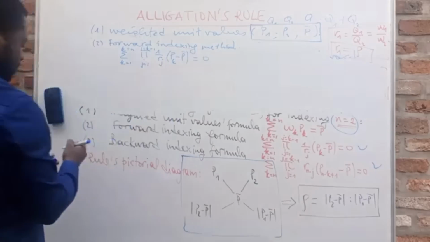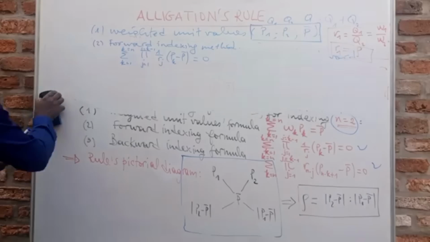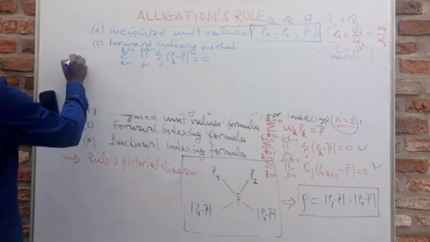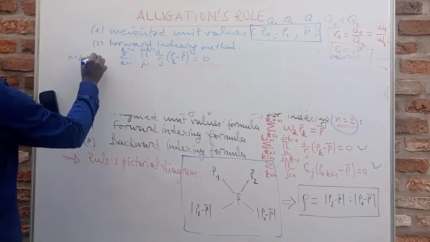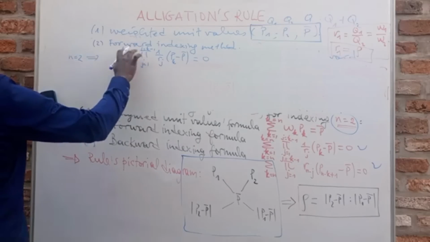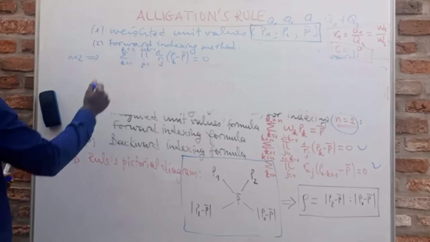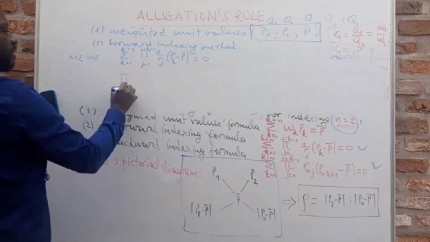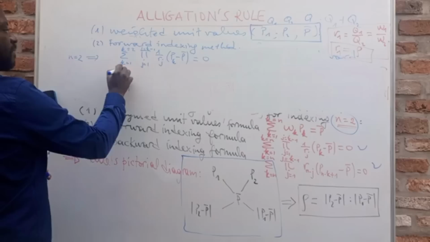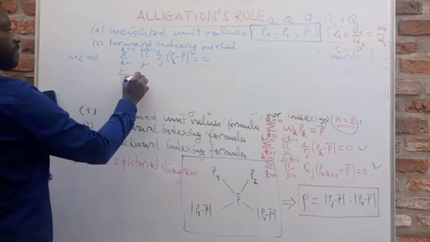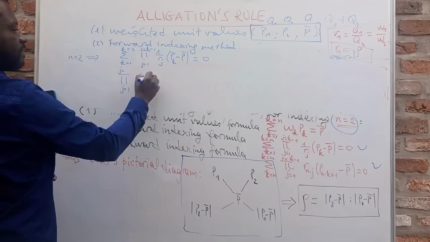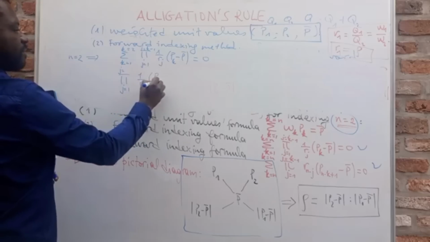So this must be equal to 0. Now if n equal to 2, then here we substitute 2, and doing so we have the product of reciprocals of ratios from k equal to 1.